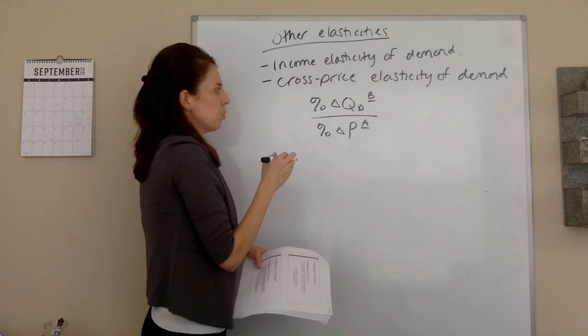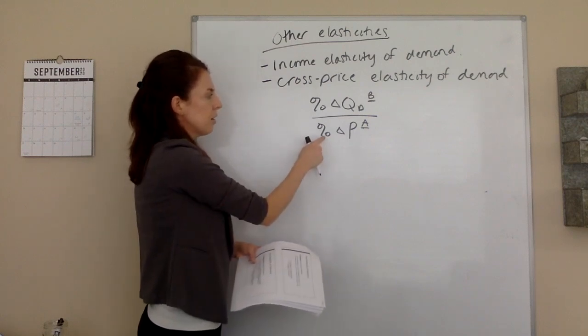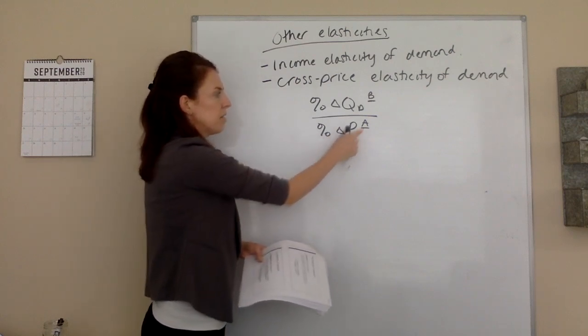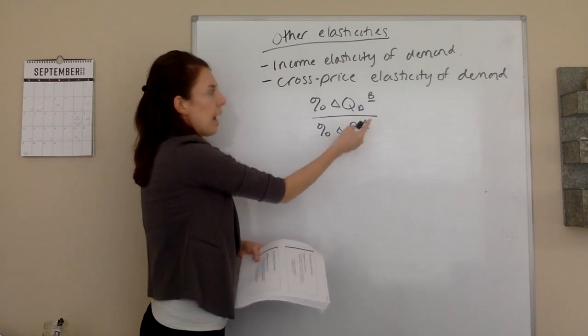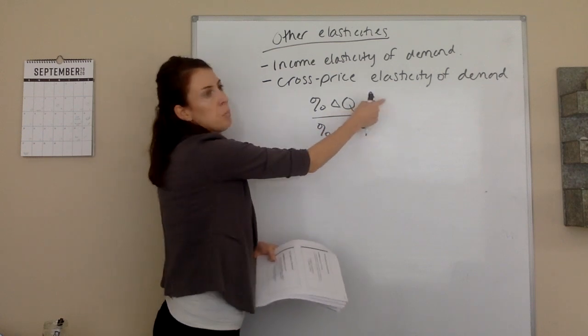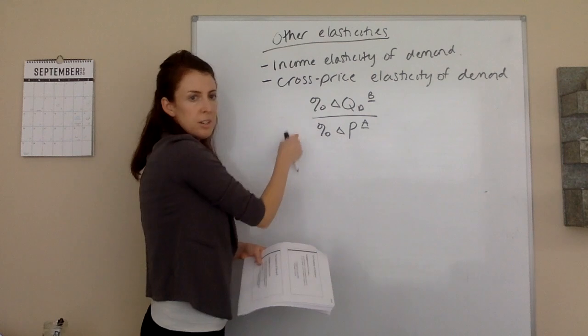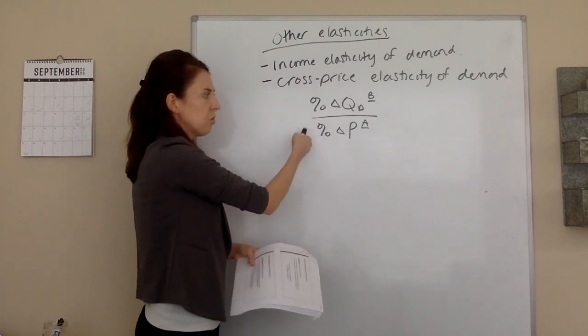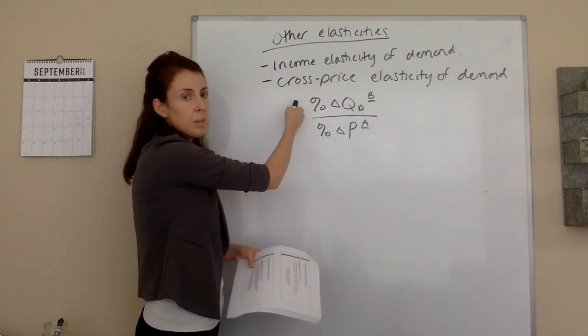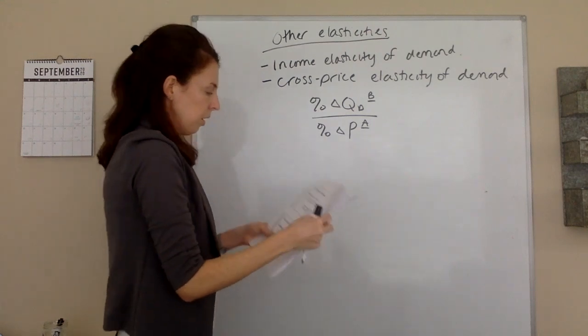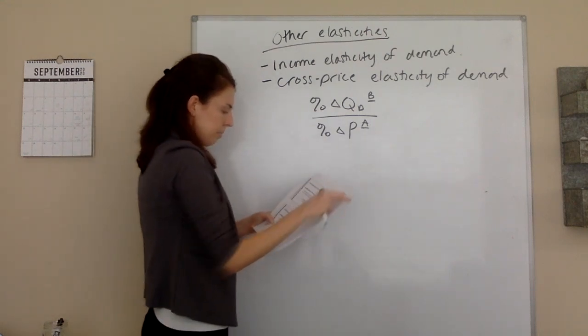In other words, this would be like if there's a change in the price of apples, then what happens to the number of units that are demanded of bananas? So we have two different goods in the numerator and denominator. We change the price of one good. We look at what happens to the quantity demanded of the other good.